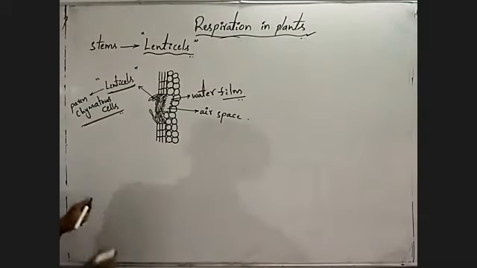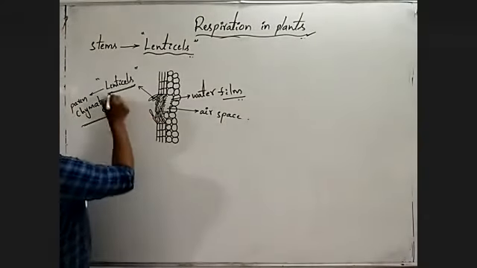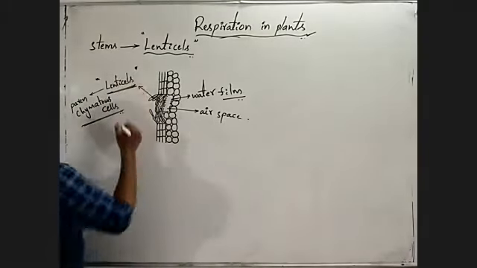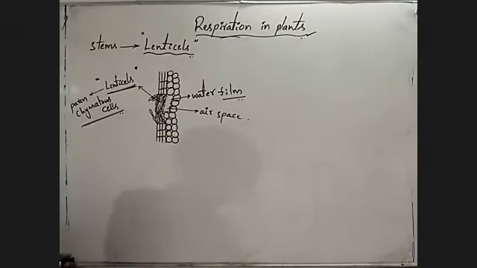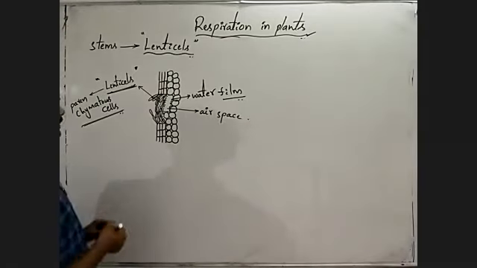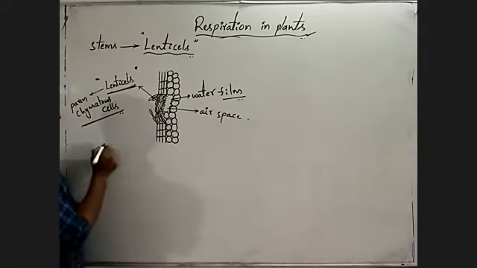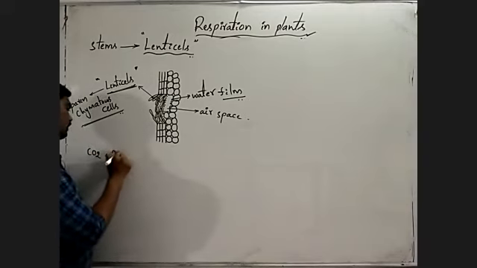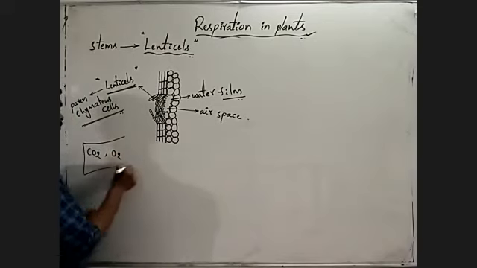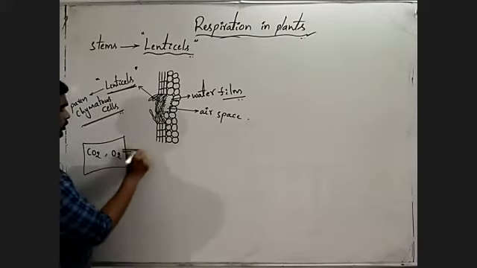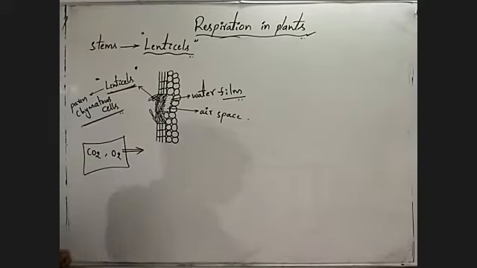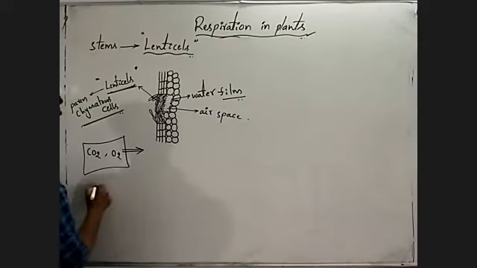Okay, these are important pores, lenticels. Through these lenticels, the gaseous exchange process takes place. Carbon dioxide and oxygen are exchanged through the lenticels. Understanding? These lenticels are formed by the cork cambium.